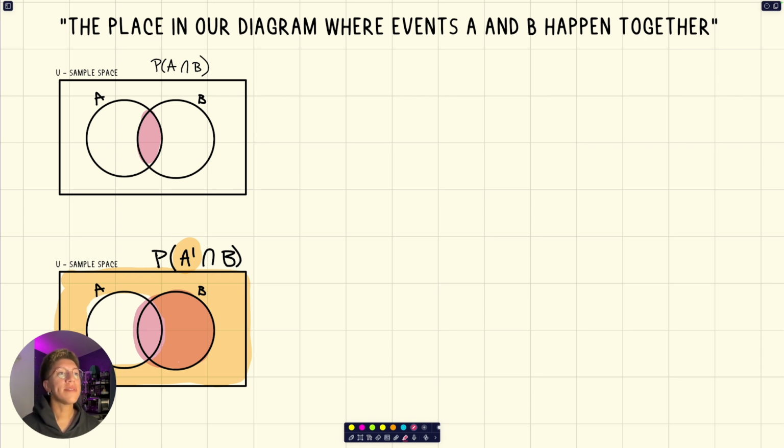And so we label this area here as our probability of A not intersection B, like that. All right, so summarizing that all up, we can see that the intersection of A not intersection B is going to be just this part of B that does not include the center part.